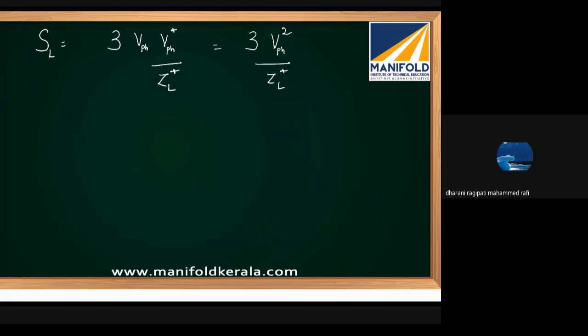So all power system formulae we try to derive in terms of voltages, that too line RMS voltages. Now I can write this as root 3 V phase whole square divided by Z_L conjugate. So this will become V_L square by Z_L conjugate.